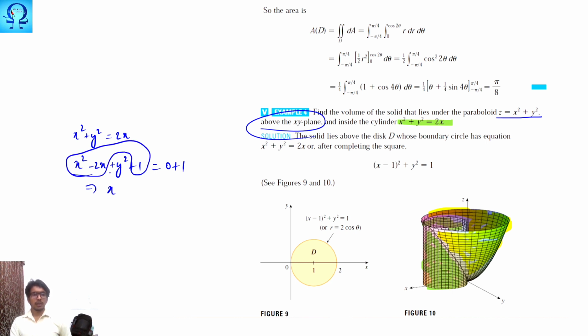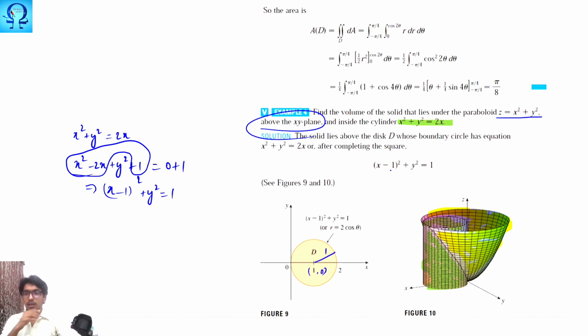Now combining these things, we write x minus 1 whole square plus y square is equal to 1. If you plot this in a graph, you may very well see that it is the circle with center (1, 0) and radius 1. Based on this circle only, we have found this cylinder. So it is above this region, which we have to remember.